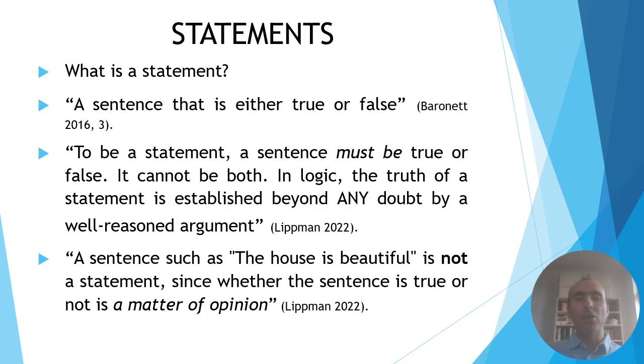A sentence such as "the house is beautiful" is not a statement, since whether the sentence is true or not is a matter of opinion. So sentences such as "the house is beautiful" or "I like chocolate ice cream" are beyond the scope of logic. Logic only studies sentences that you can easily determine to be either true or false.